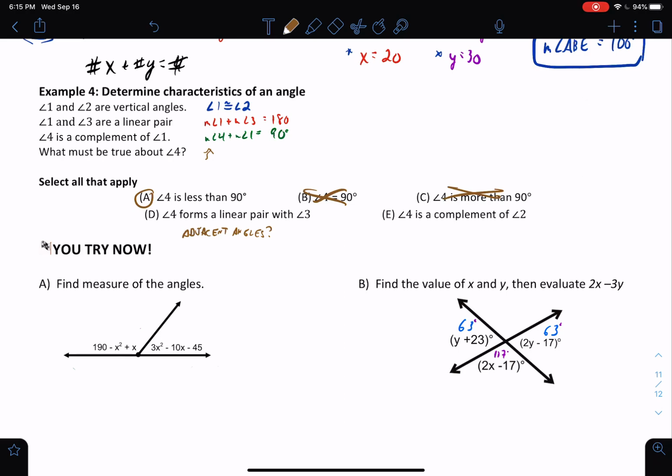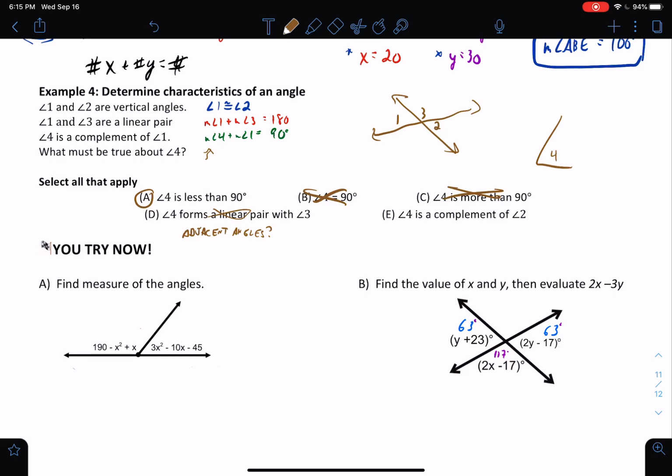We could start to draw a diagram, and I'm going to actually double check this when I draw this diagram. I got 1 and 2 are vertical angles. 1 and 3 form a linear pair. And 4 is a complement of 1. There's nothing that says that 4 is a part of this diagram. 4 could be off to the side here. Okay? So again, don't know anything about adjacent angles, so that one's out.